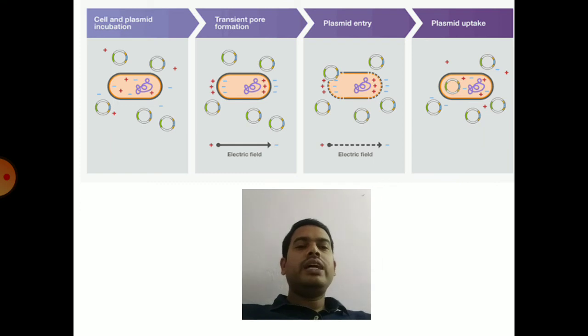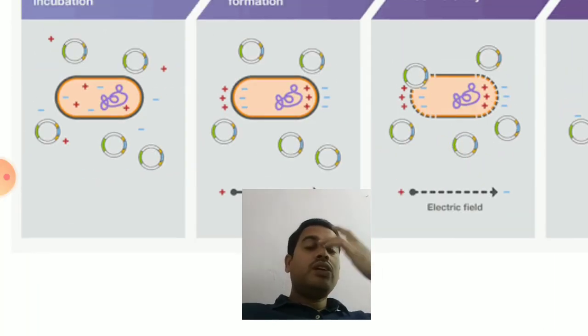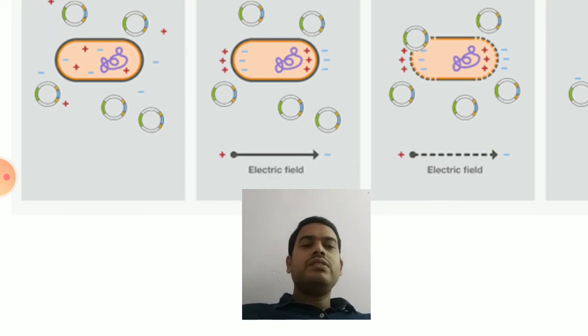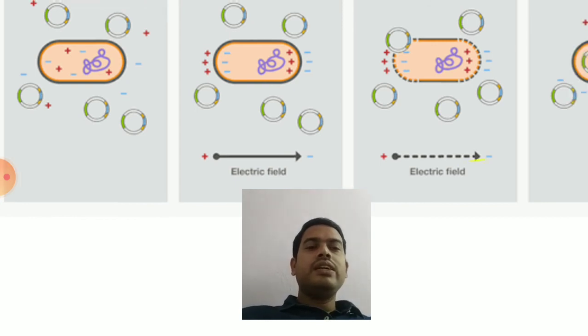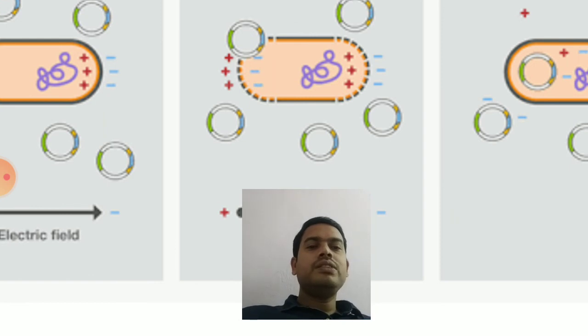This is the diagram which shows the method of electroporation. This is the normal bacterial cell. When you apply an electric field, it forms pores on the bacterial membrane. You can clearly see the pores that are formed.